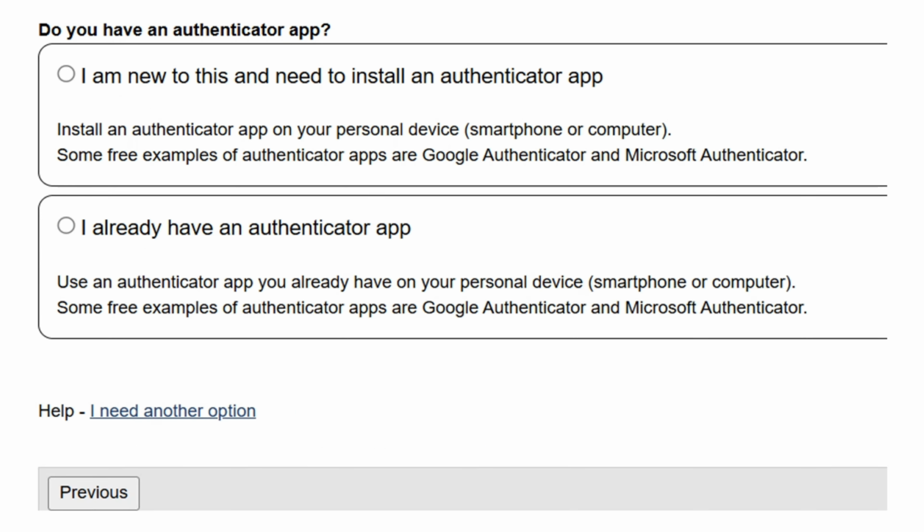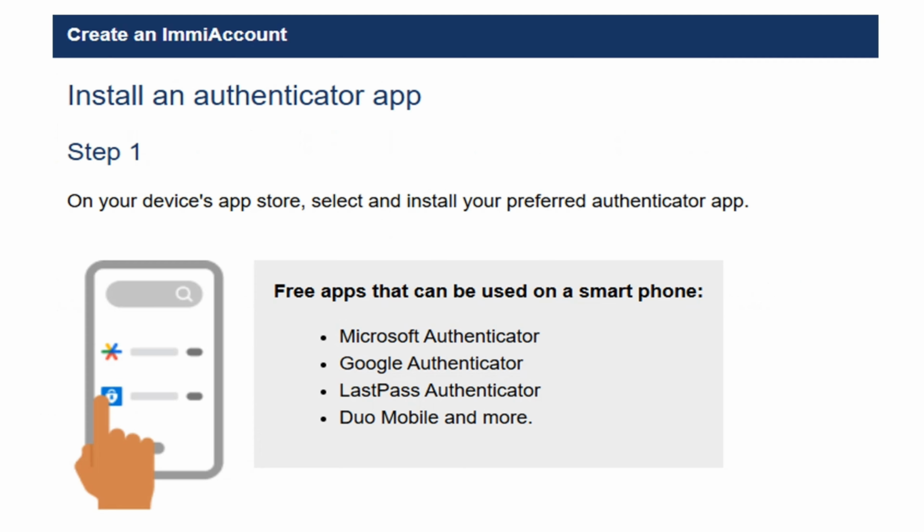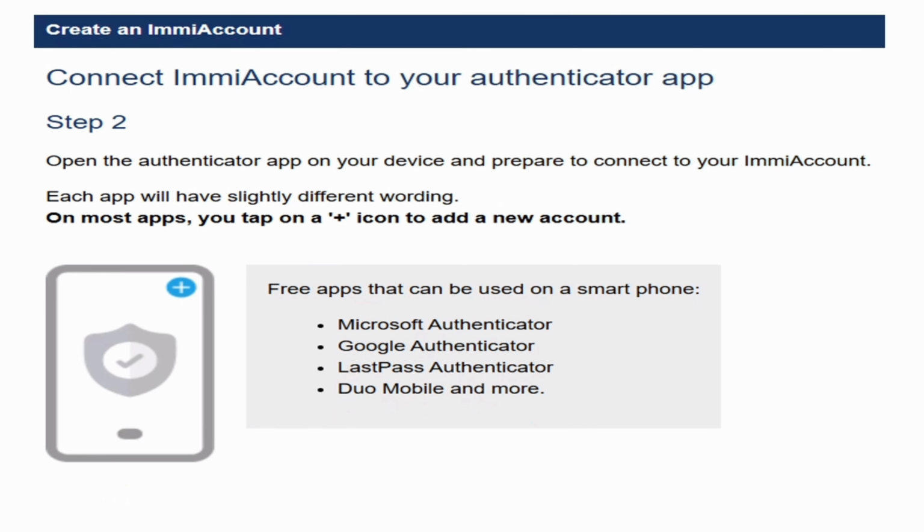So you can choose that one. If you already have it, you can choose that, or otherwise, if you don't have it, you want to create a new one. Okay, once you complete this, the Google authentication, these are the main steps. Once you complete this one, your ImmiAccount will be confirmed.